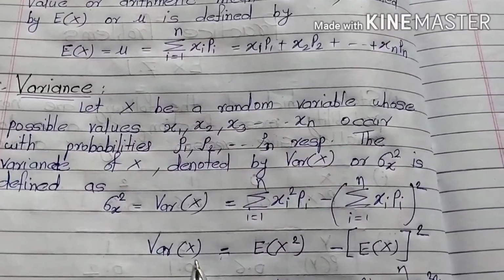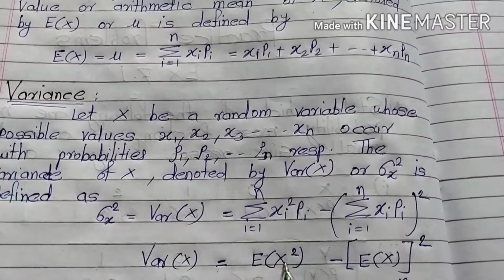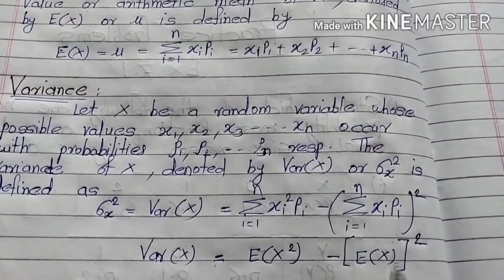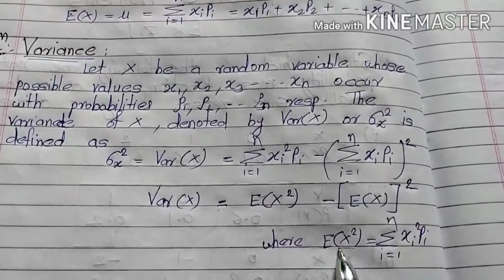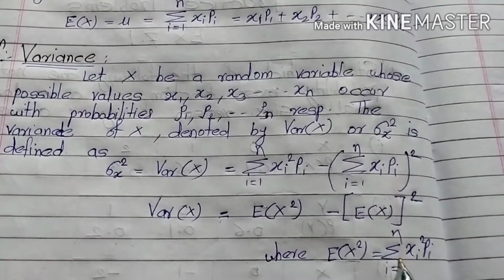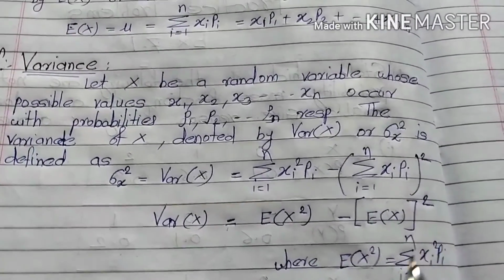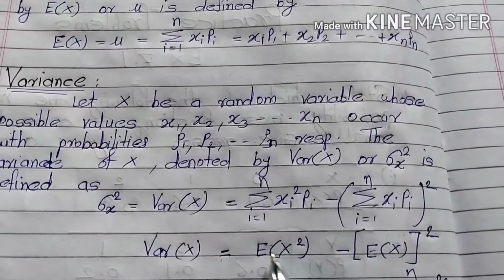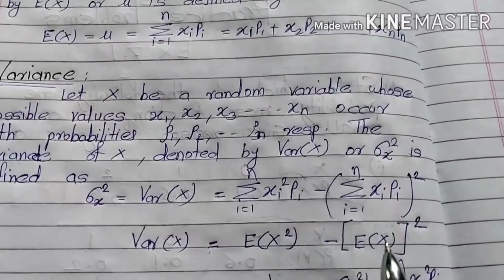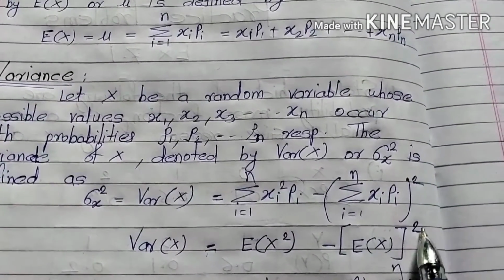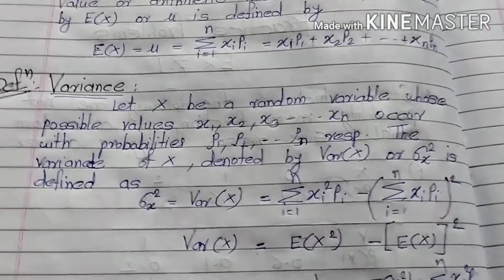Also variance of x is equal to E(x square) minus E(x) whole square, where E(x square) is equal to summation of xi square pi, where i runs from 1 to n. That is, the value of E(x square) is this and the value of E(x) whole square is this.